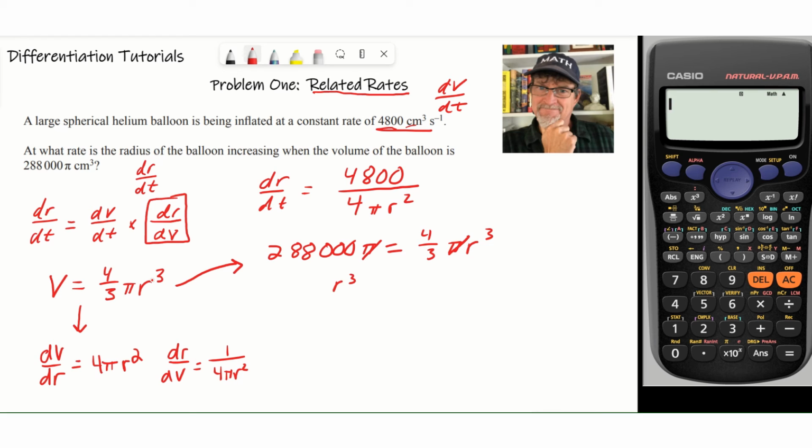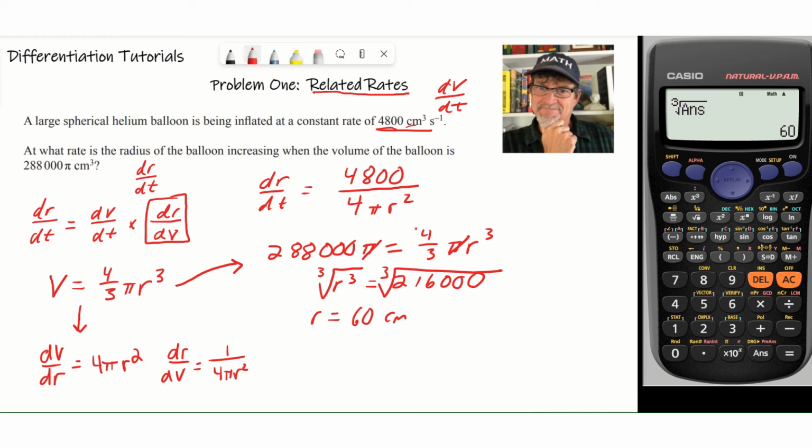So I've got r cubed equals, I'll go over to the calculator and do 288,000 times 3 divided by 4, and that's going to give me 216,000. Then I can just take the cube root of both sides here. So I'm just going to shift cube root that answer, and I get 60. So my radius at that moment is 60 centimeters.